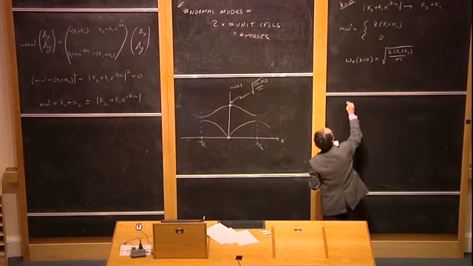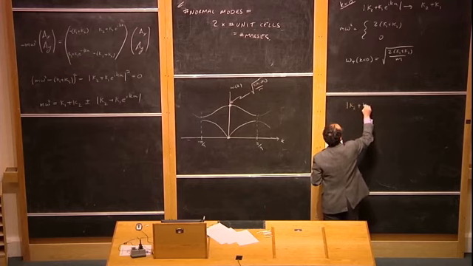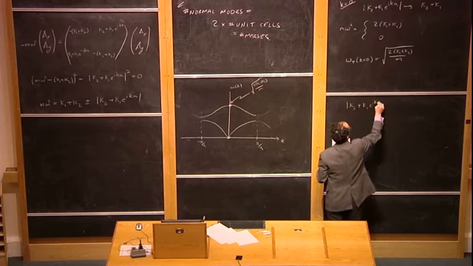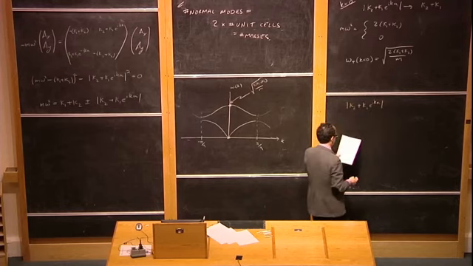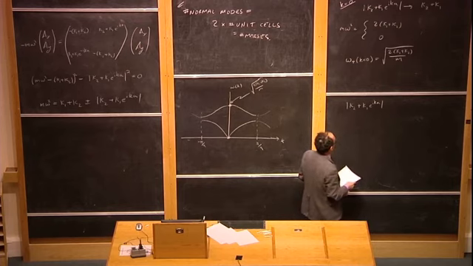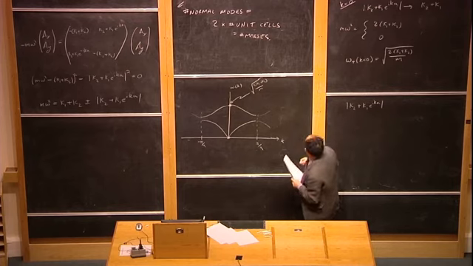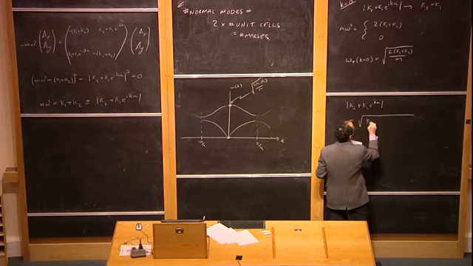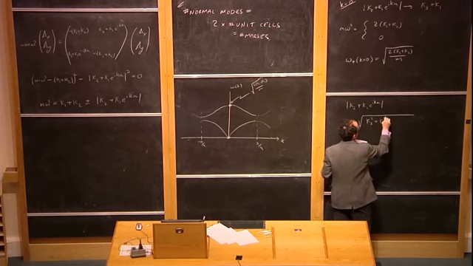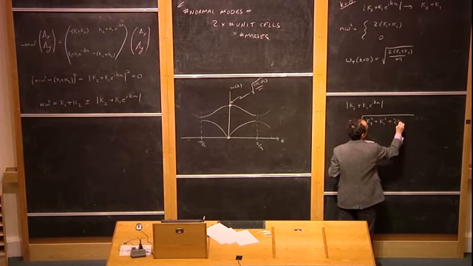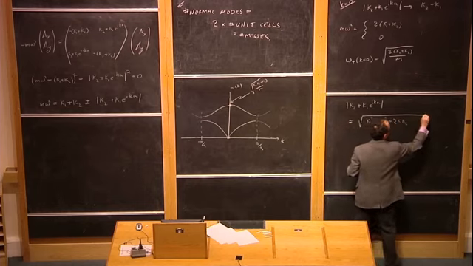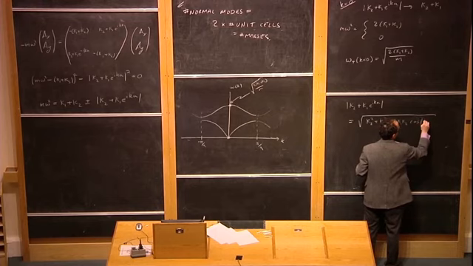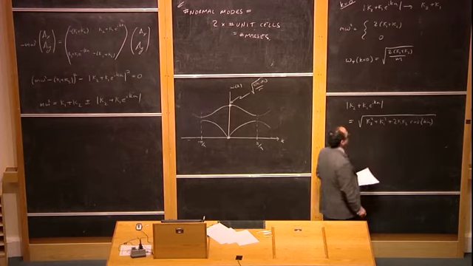So let's take kappa 2 plus kappa 1 e to the i k a. That quantity can be written as the square root of kappa 2 squared plus kappa 1 squared plus 2 kappa 1 kappa 2 cosine of ka, just by multiplying that out.